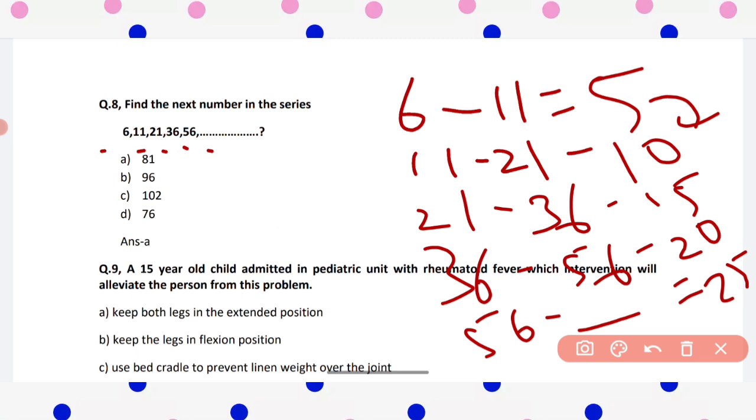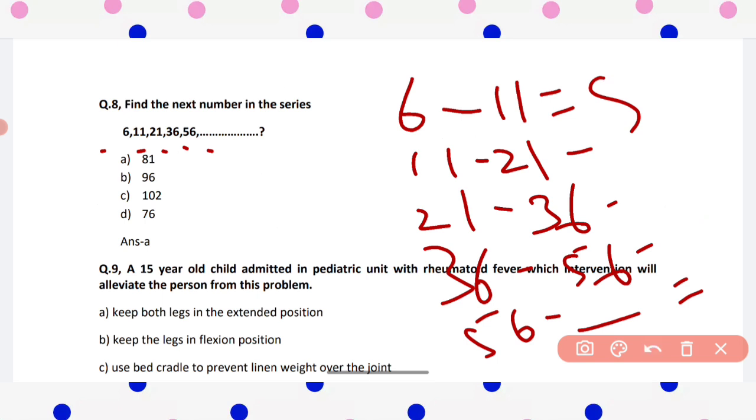It is increasing like this, right? So 56 and which number will give 25? 56 and 81 will give 25. So which is the right answer here? 81. Understand? So you have to check the connectivity in order to solve this question. Fine. Okay, let's see the next one.